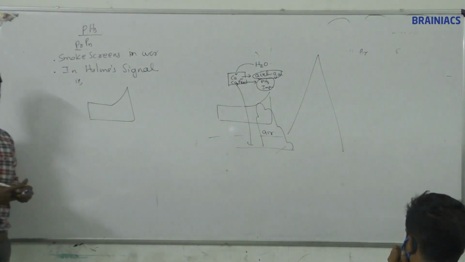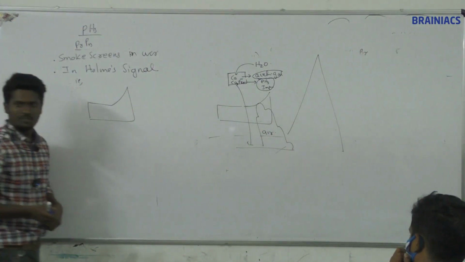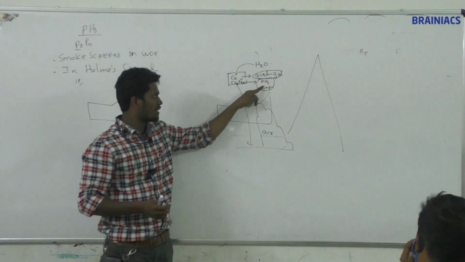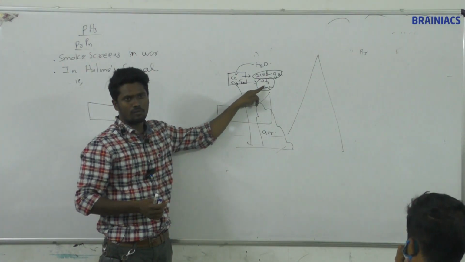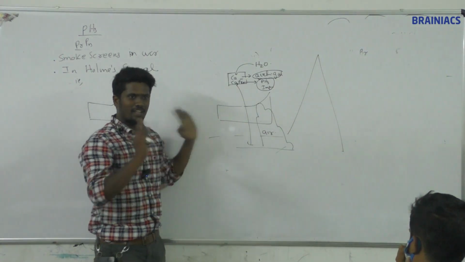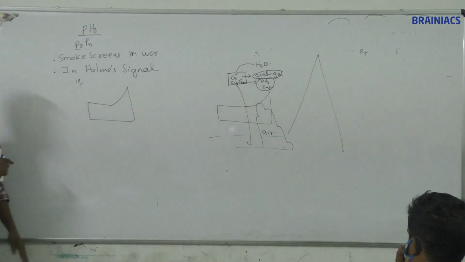Basically, what burns? Acetylene gas, started by the burning of impure phosphine. So it serves as a signal. The signal is called Holmes signal. Very simple.